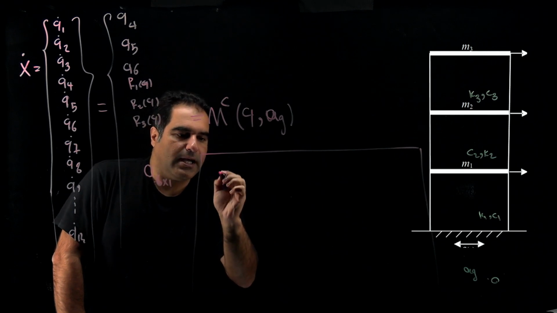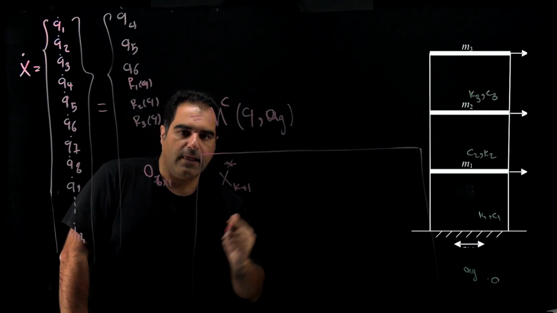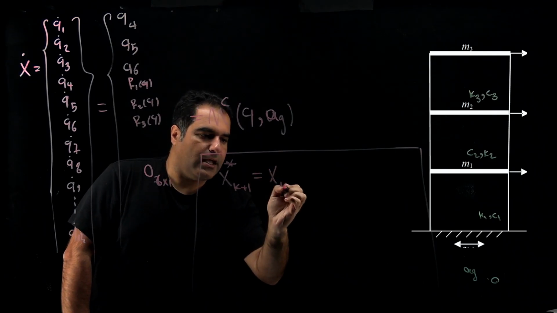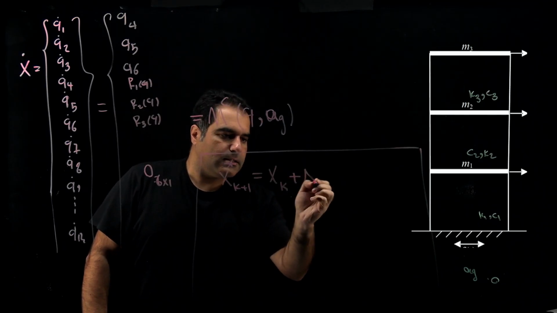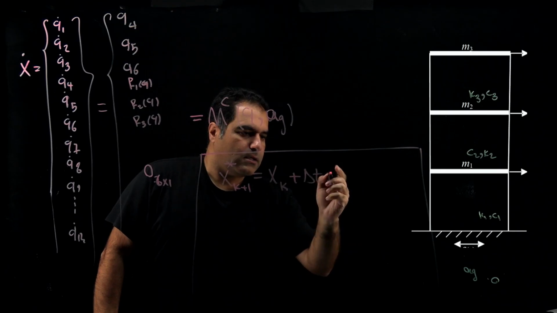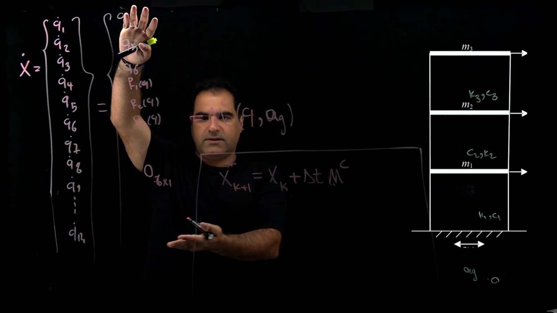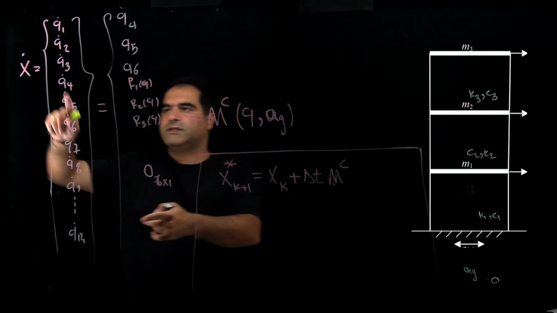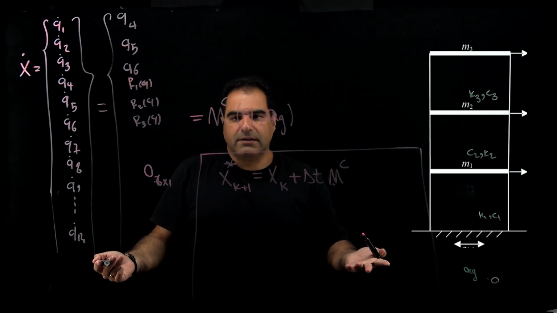It says you calculate x star at time k plus 1, which is equal to xk, which is your state vector, plus delta t times MC. And this MC is this function. Yes. What you do, you write your state vector plus delta t times MC, which is the transition function in continuous domain.